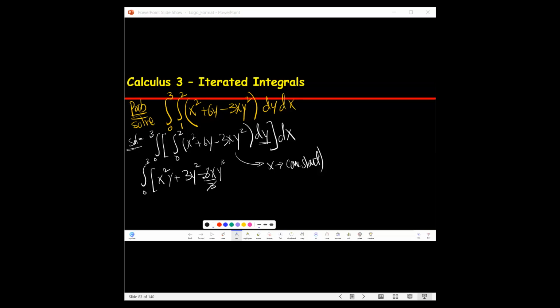So this guy is cancelling out. I can write x y cubed with a minus sign. Okay, and we need to delete this one too. So x y cubed and then dx. And I have a limit 0 to 2.